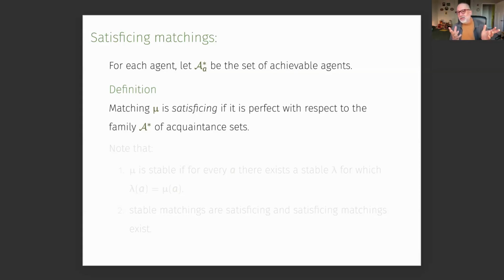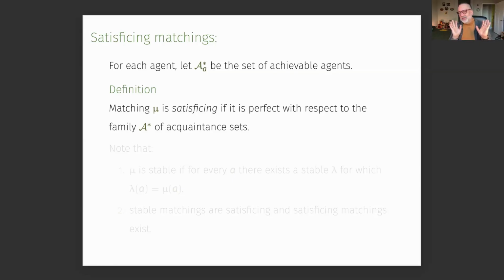One possibility would be to say, okay, if there are n agents on the other side of the market, then the first 5 are good enough for each individual. And then we would have another definition of good enough, and we could define perfect matchings with respect to those sets of acquaintances.